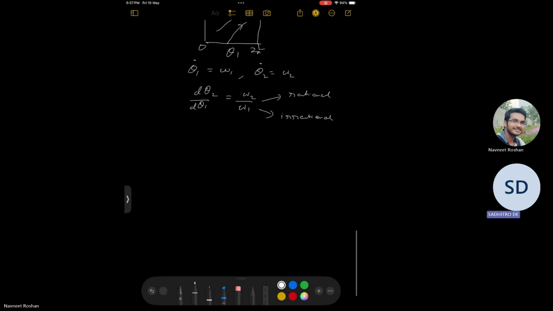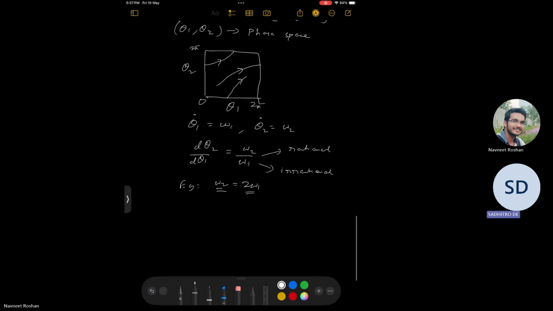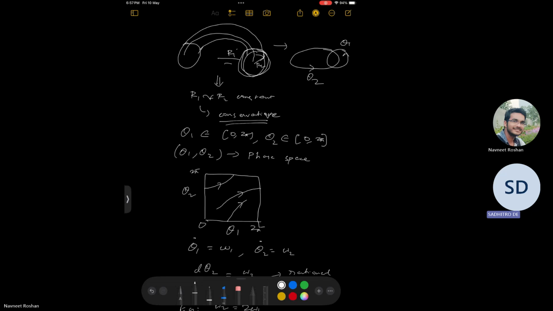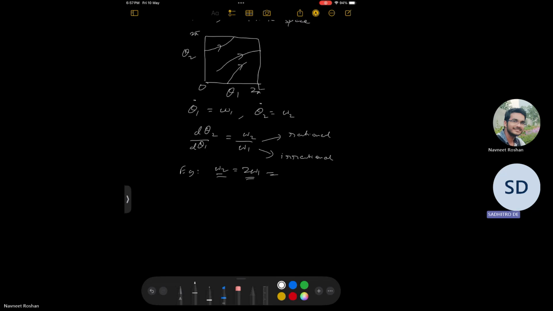For example, it can be a rational number like omega 2 equal to 2 omega 1. So 2 is a rational number, and this physically implies that by the time one oscillation is completed around the large circle of radius r1, the phase point completes two complete oscillations around the radius r2. So this basically indicates that if the system starts off from a point theta star, it will again come back to the point theta star, and this basically denotes periodic solutions.